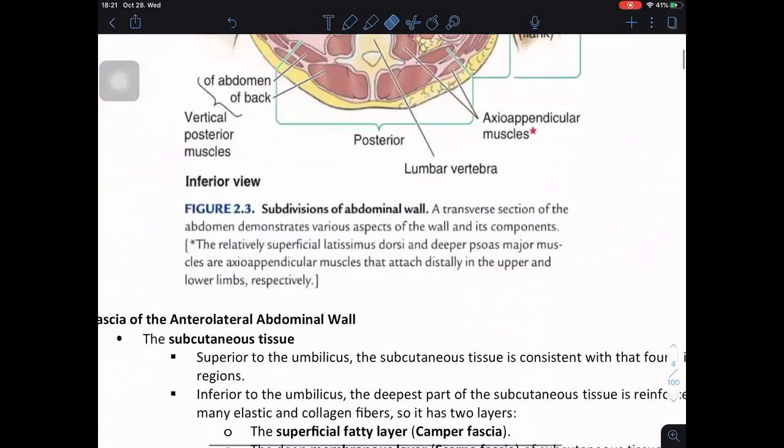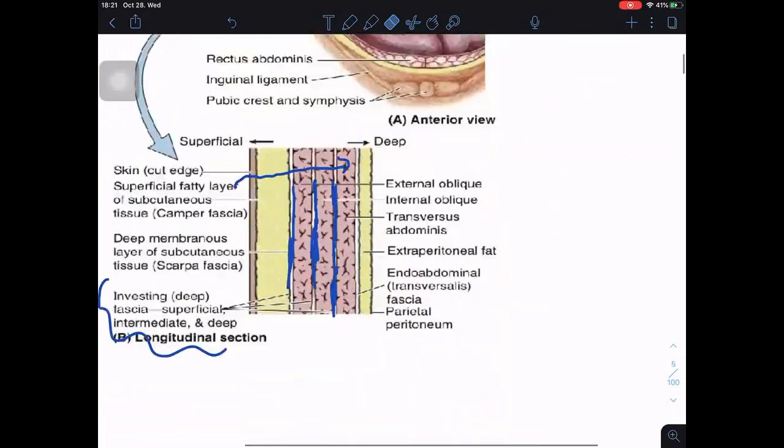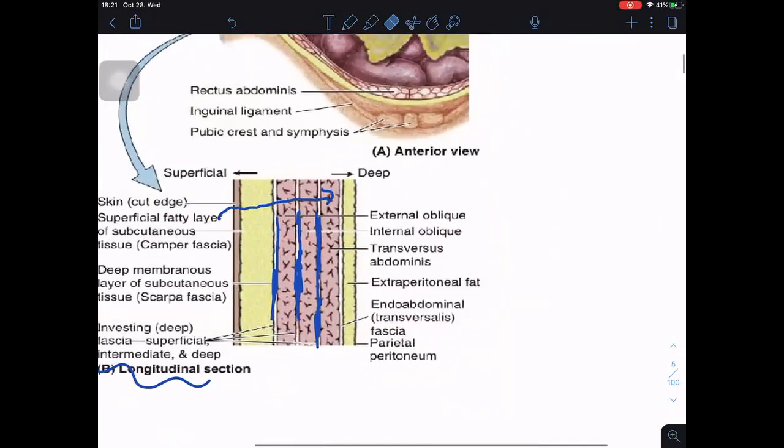All right. So if we are looking at this sagittal cut, once you get to see the transversus abdominis muscle, then this layer deep to it is going to be the transversalis fascia. Over here you can see it, or endoabdominal fascia.